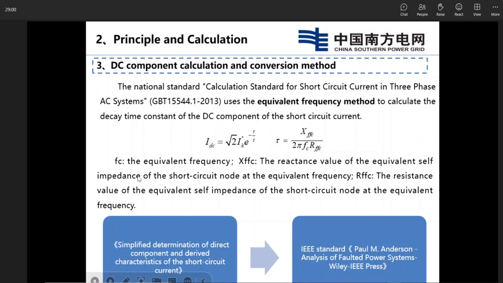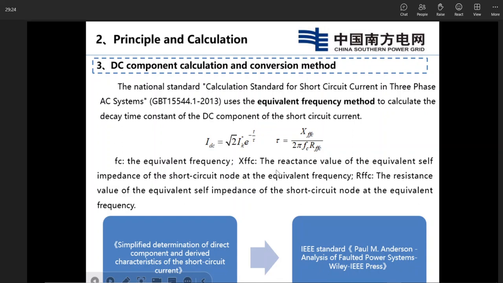But it's quite different. fc means the equivalent frequency. In the normal calculation, we use the frequency of 50 Hertz. But now we change the frequency. We call it the equivalent frequency.